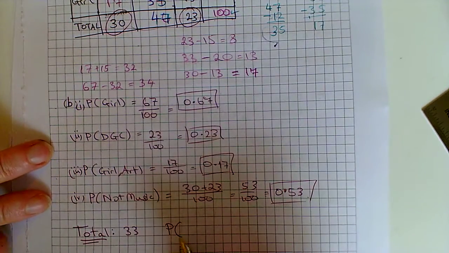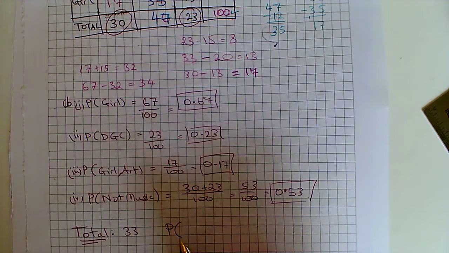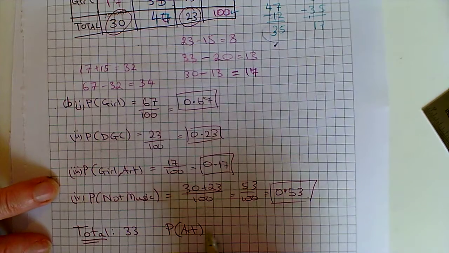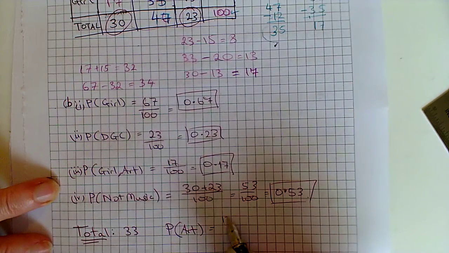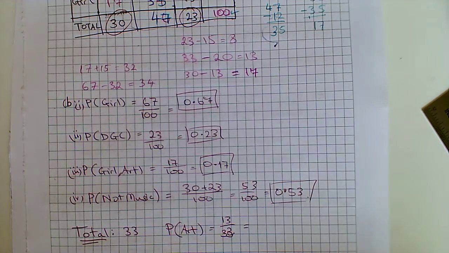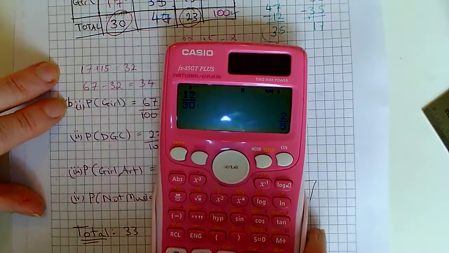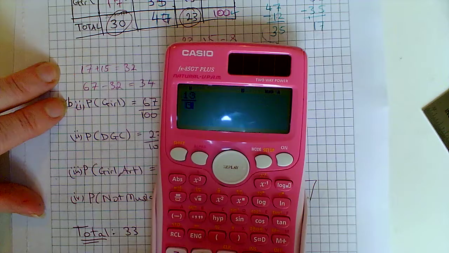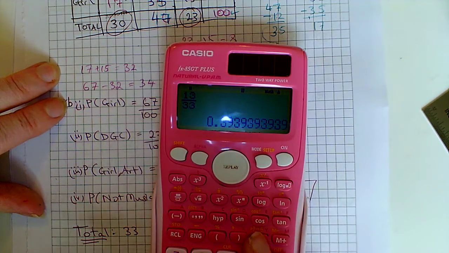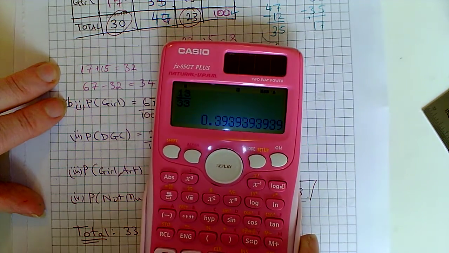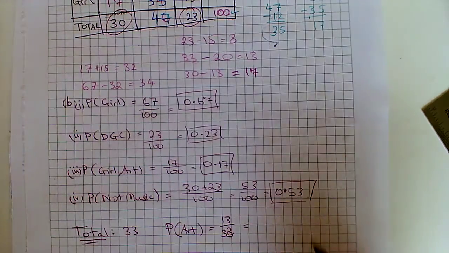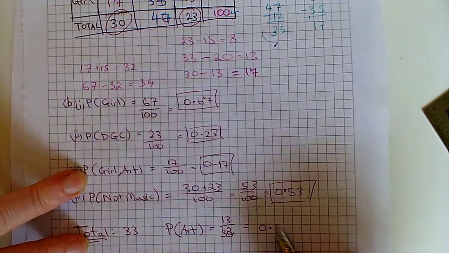Find the probability, in this case, that he studies art. So that's going to be 13 out of 33, not out of 100. And when I put that into my calculator, 13 out of 33, we get 0.3939, 0.39 to 2 decimal places. And that was the answer there.